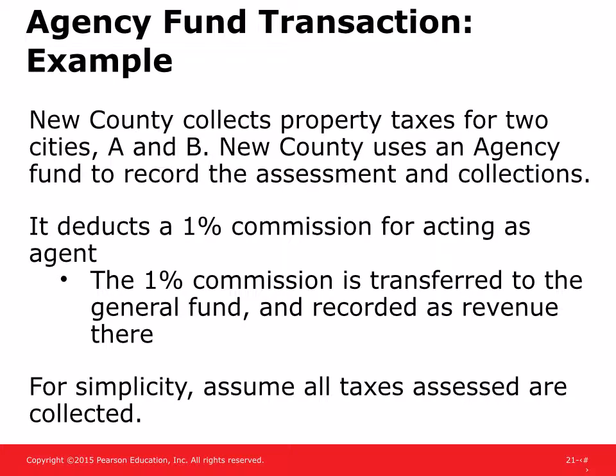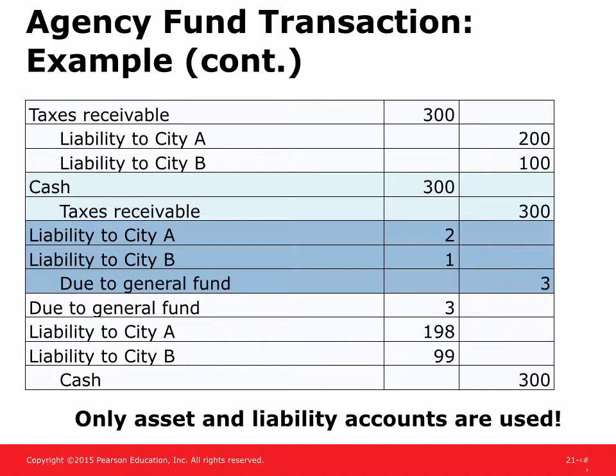So here you can take a look at this slide, but it's just an example of the function of one of these agency funds, which I think we already got the idea of basically. Here's what that transaction might look like. So the county is receiving or has levied taxes for 2 different cities.